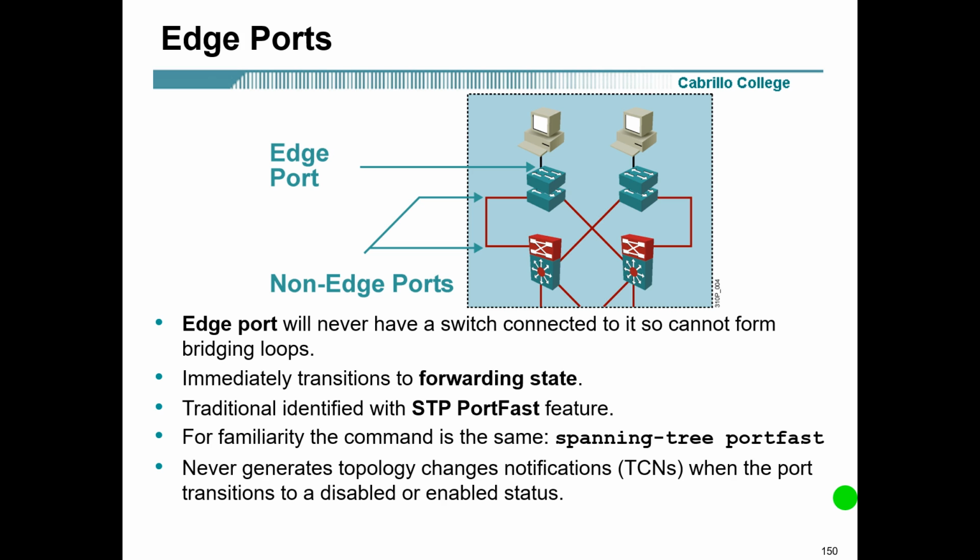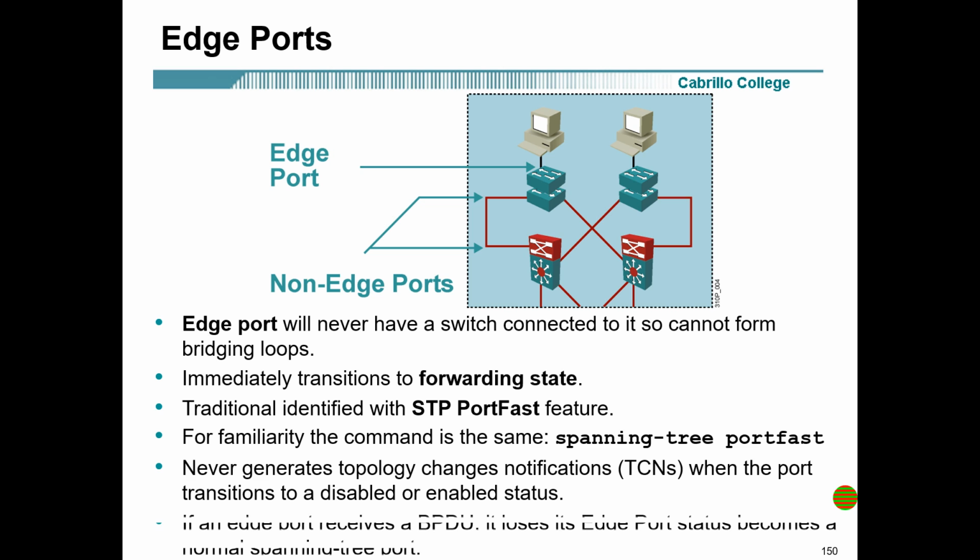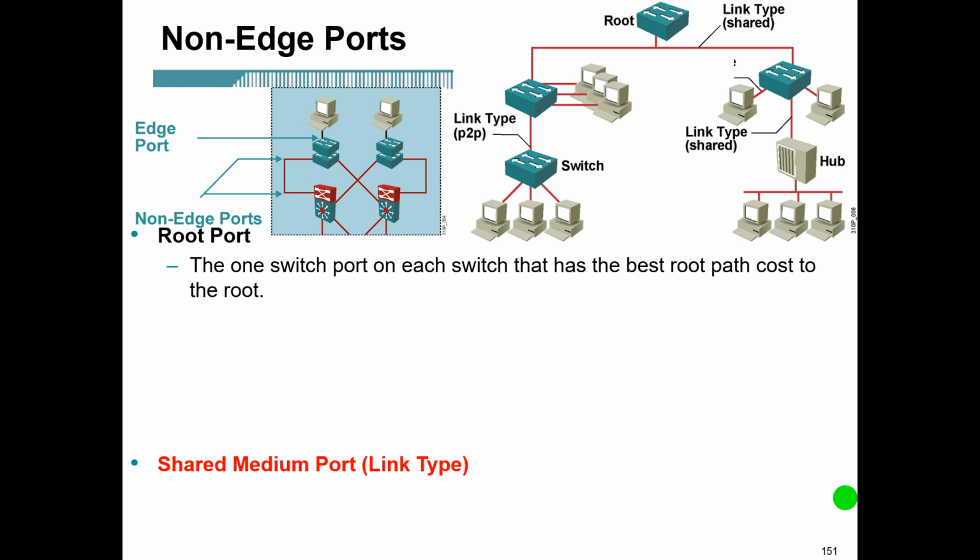Cisco's RSTP implementation maintains a PortFast keyword for edge port configuration, thus making the overall network transition to RSTP more seamless. If an edge port receives any BPDU, it will lose its edge port status.